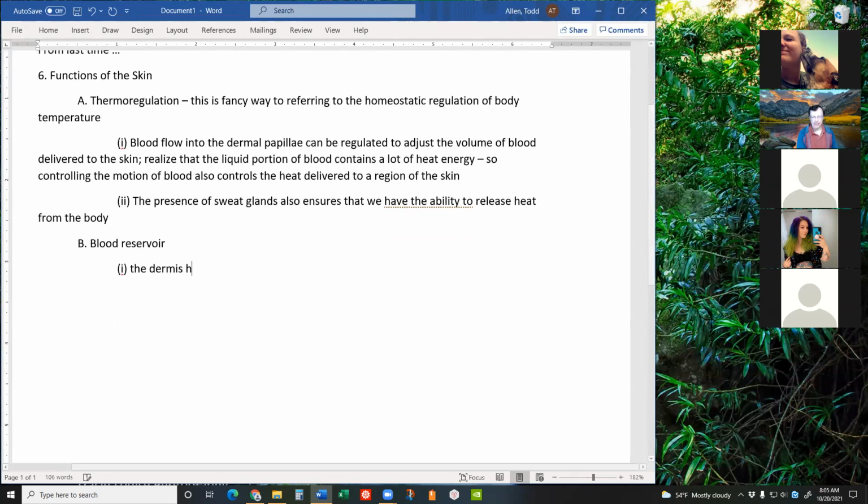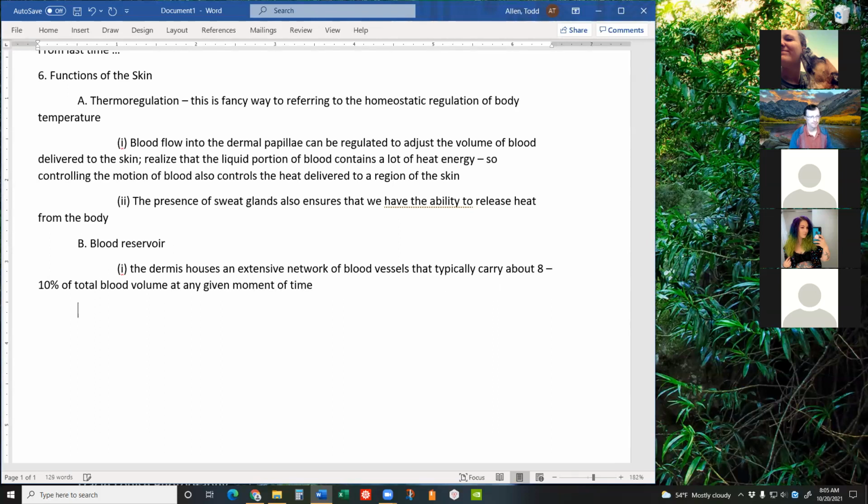Okay, so the dermis houses an extensive network of blood vessels that typically carry about 8 to 10% of total blood volume at any given moment in time. All right, so hopefully that's straightforward enough.